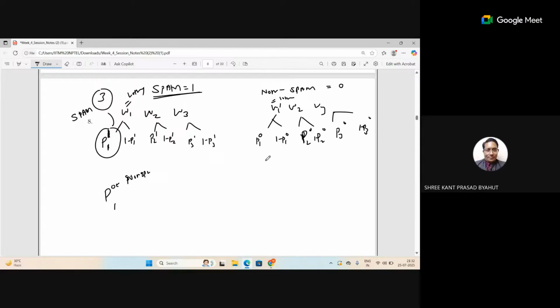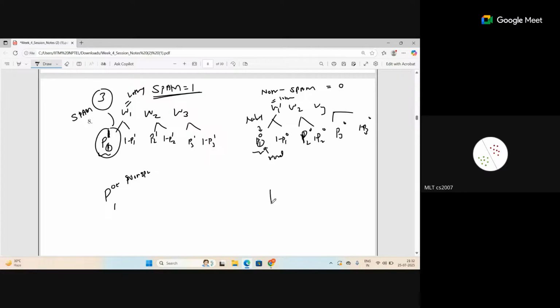Lottery appearing in non-spam will have a different probability, but the word is the same, and that is why it is denoted by the subscript. The subscript belongs to the word in that sentence, and the superscript belongs to the class label.